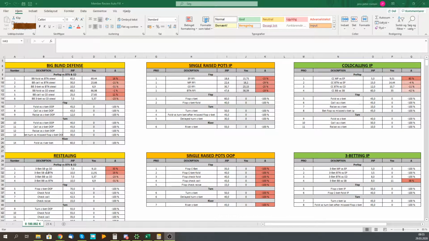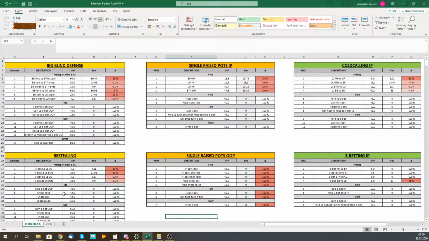Then I've been looking into the small blind versus the cutoff, where I am supposed to be free betting 7%, but I'm actually free betting 9.13%. In the small blind versus the button, I'm also free betting 11.91%, where I should be free betting 10%. That was in the first 100,000 hands.